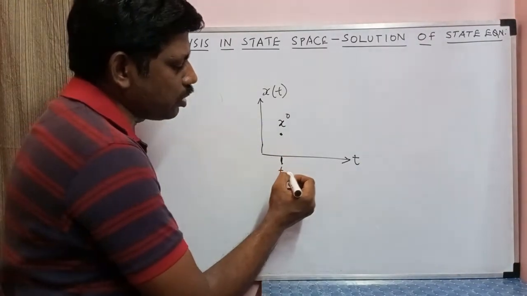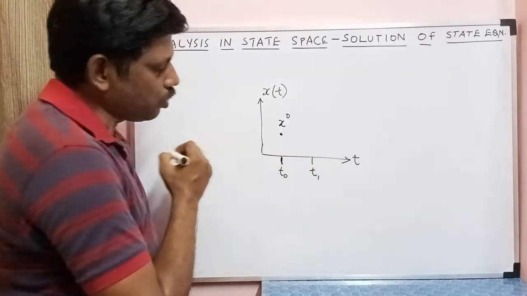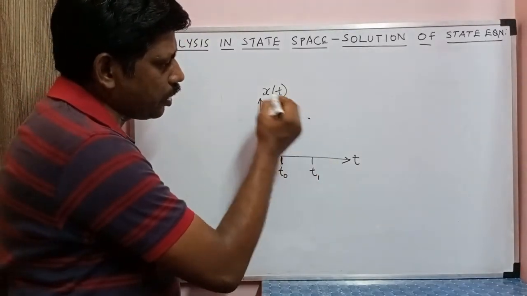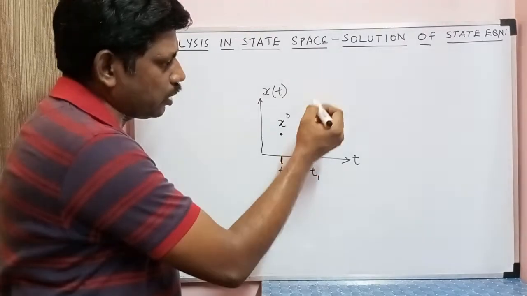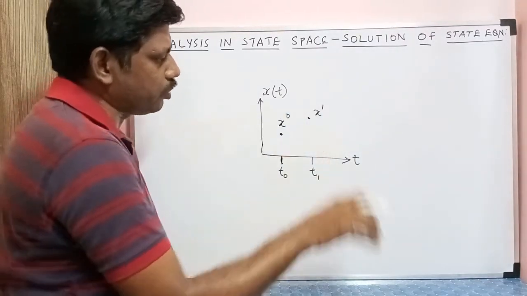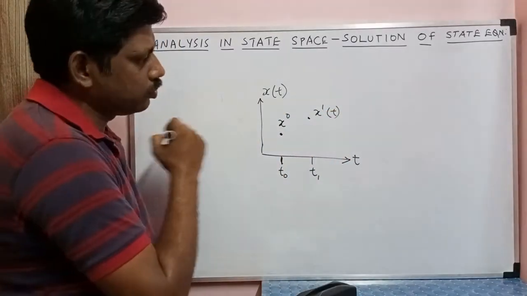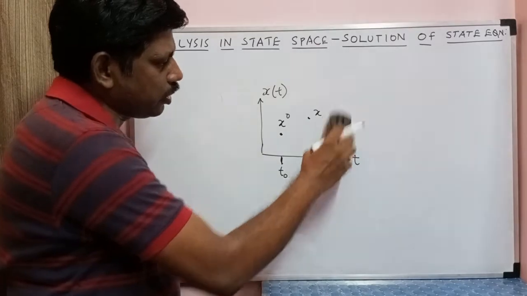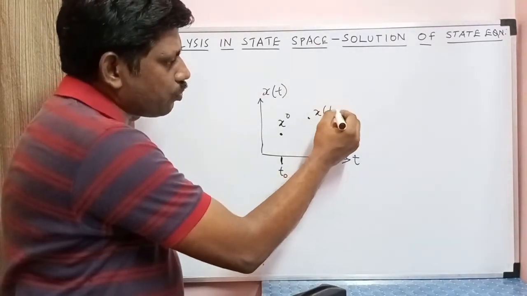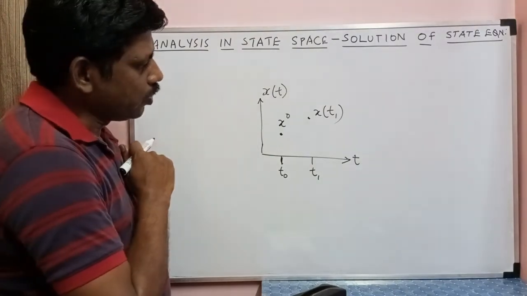Now as t increases from t naught, at t is equal to t1, let us say this x of t will have some other value. Let me say that is x1, or I can say that x of t1, that's the right notation, x of t1.